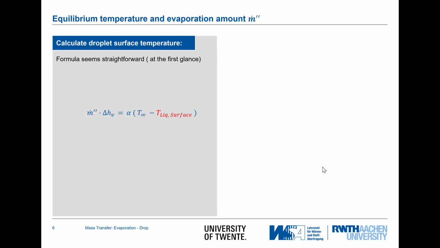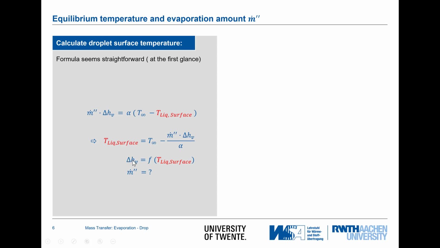So it looks like when we check this equation that it's pretty simple and easy to just change the equation to get the liquid surface temperature extracted from the equation, like this here. However, the liquid surface temperature is also hiding in some of the parameters on the right hand side.